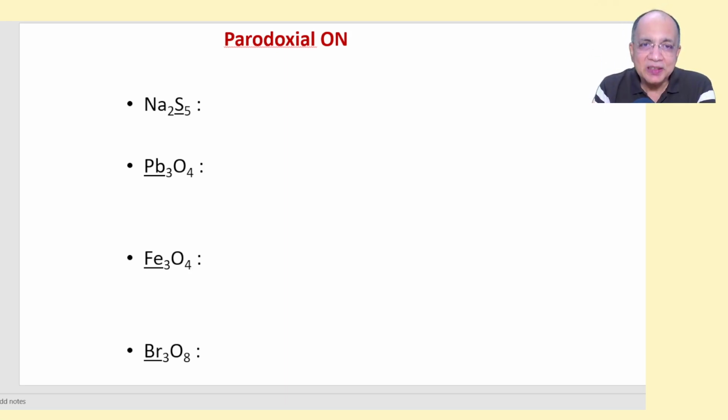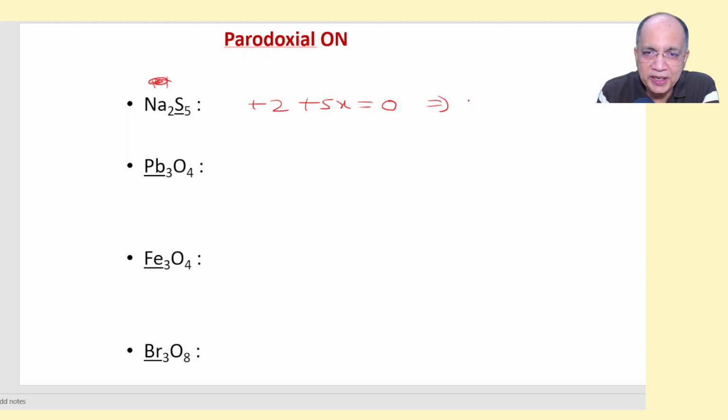Now see, this is sodium pentasulfide. By the X method, you will say it is plus 2 for sodium, plus 1 for 1 and plus 2 for 2, and plus 5x is equal to 0. So you get a fraction, x is equal to minus 2 by 5.